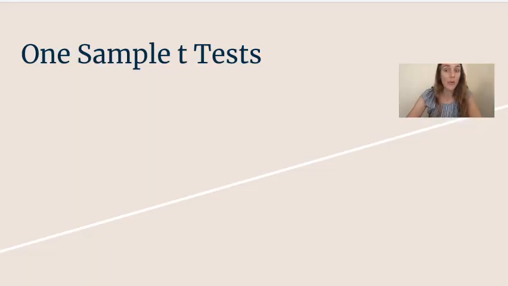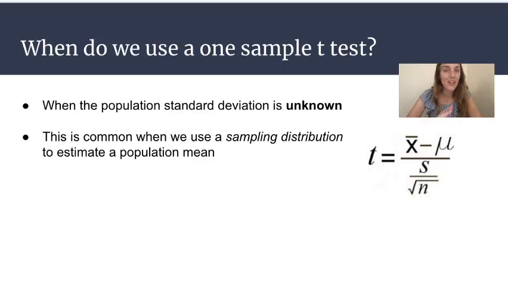So now we're going to try out what we call a one-sample t-test. A one-sample t-test is almost identical to a z-test. The only difference is the population standard deviation being unknown, and instead we rely on the standard deviation from our sample. Again, this is much more practical than making assumptions about the population because we're using real data from real samples.